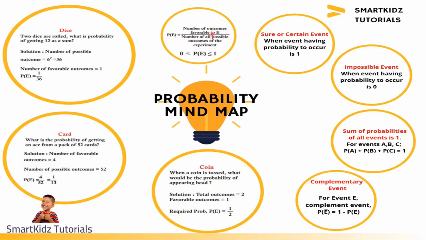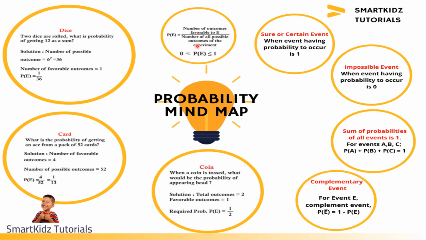So the numerator can't be greater than the denominator. It can be equal to the denominator. Remember, the probability of any event will always lie between 0 and 1. It can be equal to 0 but not less than 0, that means it cannot be negative. It can be equal to 1 but never greater than 1, which means it can't be 1.1, 1.01 even.